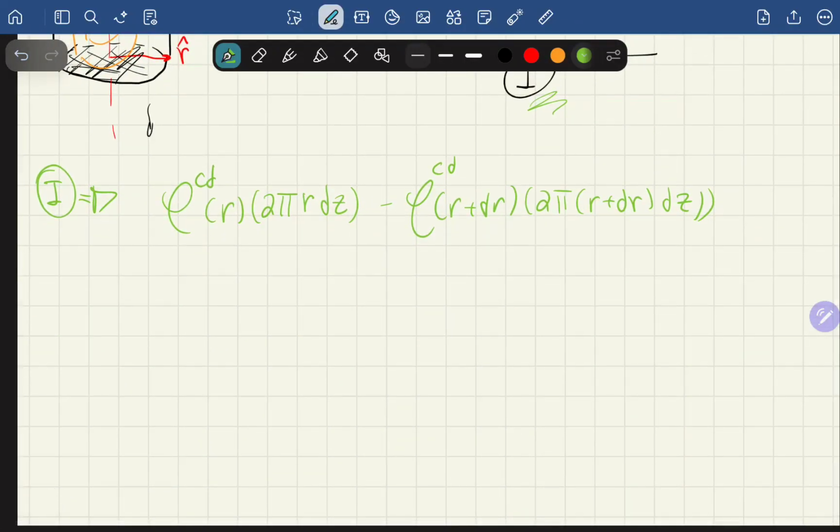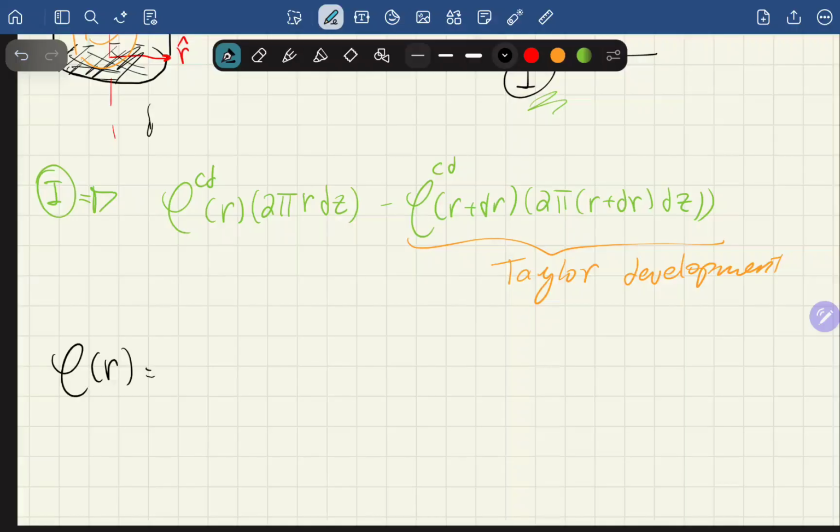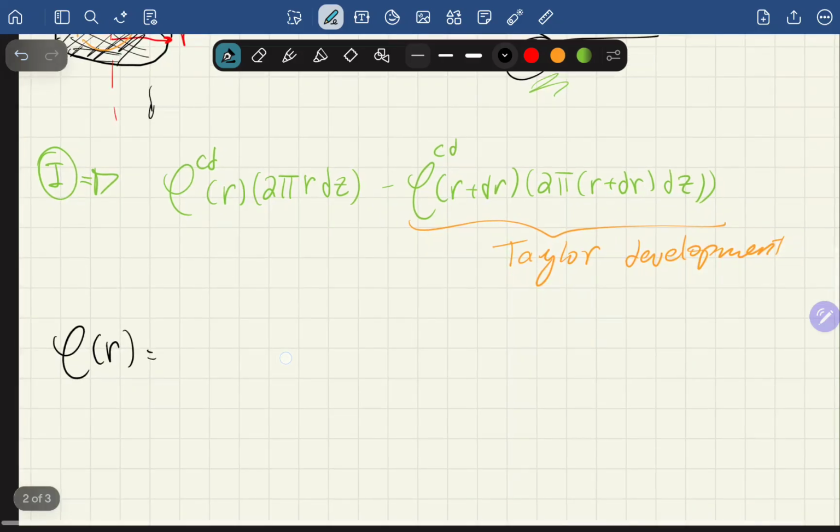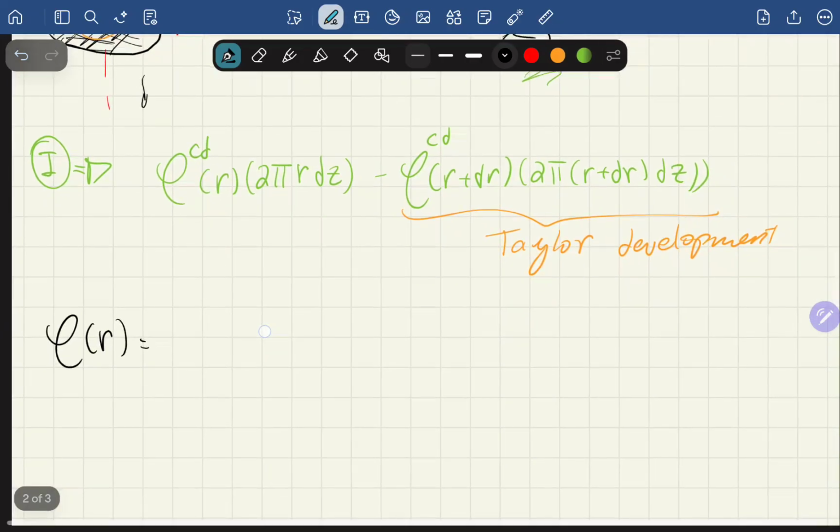What we can do now is a Taylor expansion, Taylor development. I'm no longer going to write CD on the top because inside the rod it's only conduction, so it's redundant, it's unnecessary.